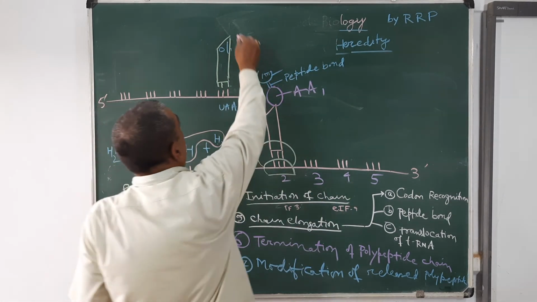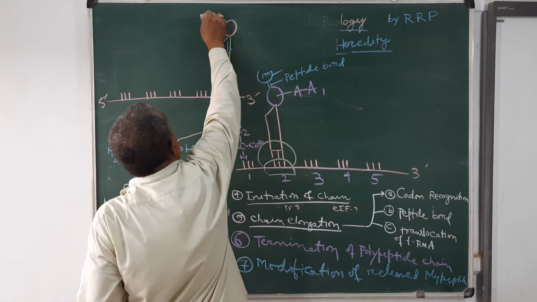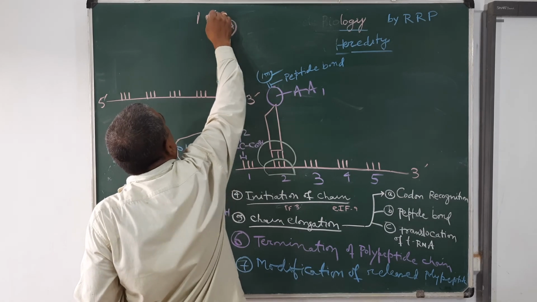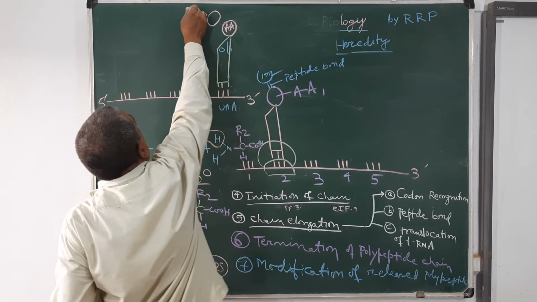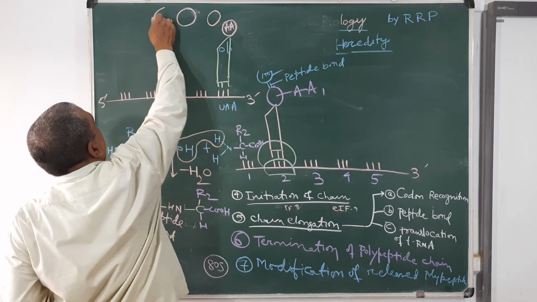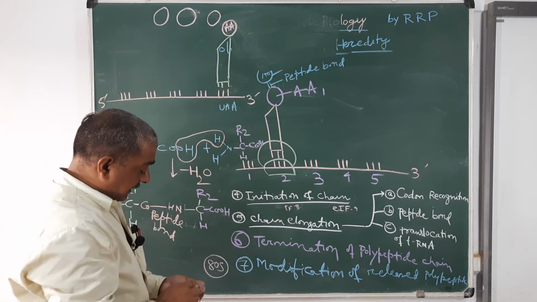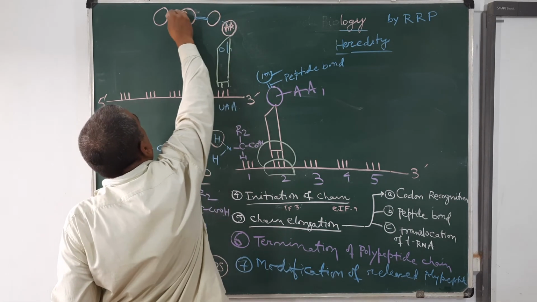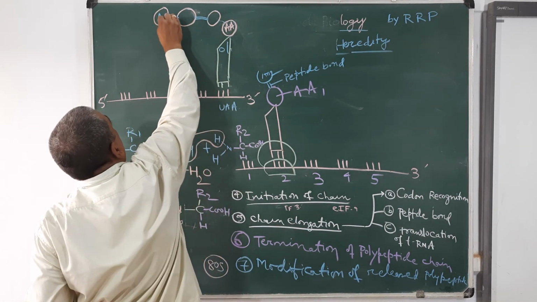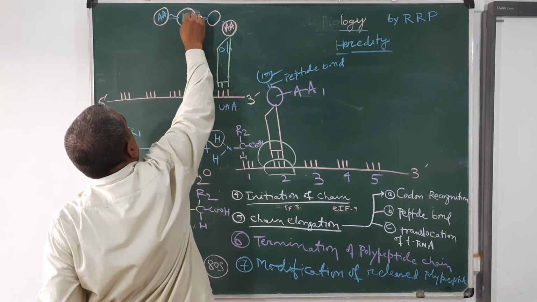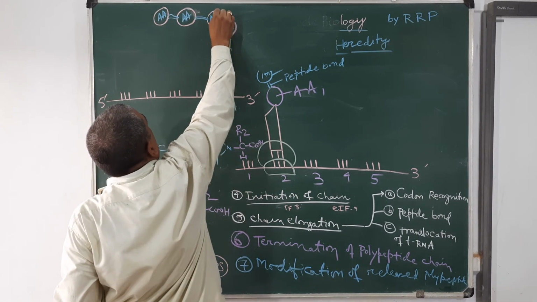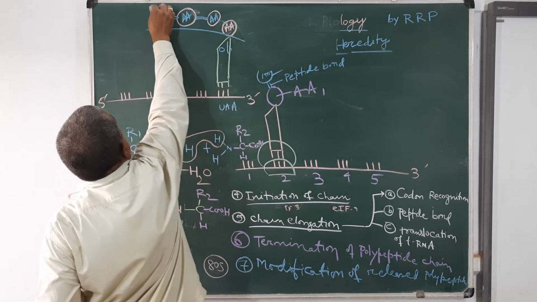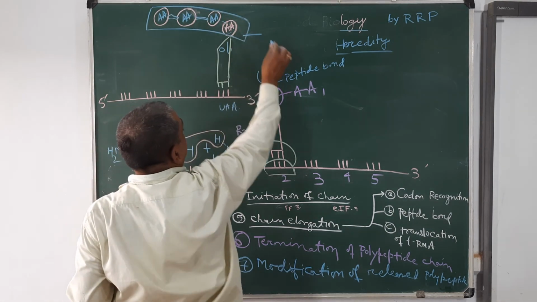Four different amino acids, amino acid 1, amino acid 2, amino acid 3, amino acid 4, are linked together by peptide bonds. A short chain of amino acids is called a polypeptide chain.